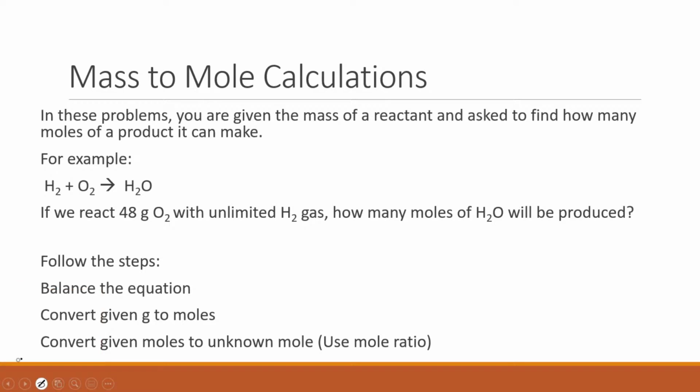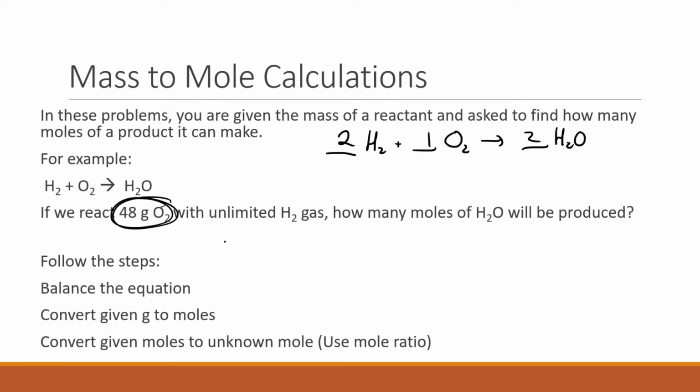We're going to start with our balanced equation: 2H2 plus 1O2 makes 2H2O. But here they give us 48 grams of oxygen, and I cannot just put that as my denominator, right? That's not a mole value.